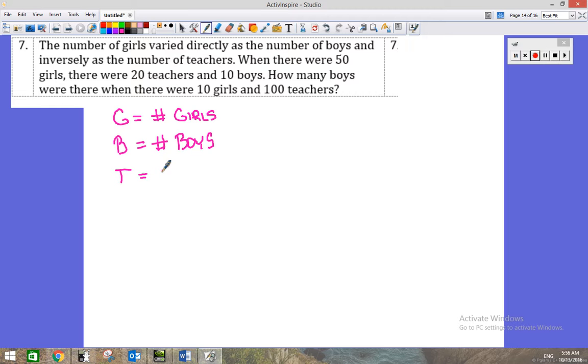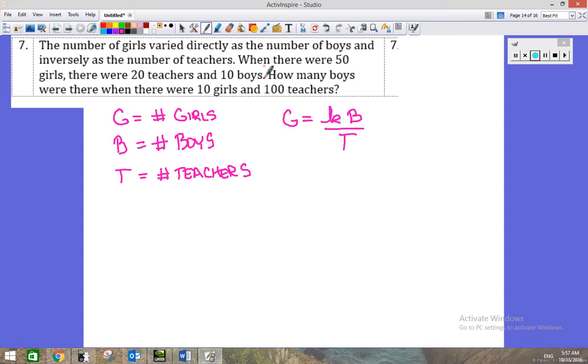T be the number of teachers. It says the number of girls vary directly as the number of boys and inversely as the number of teachers.